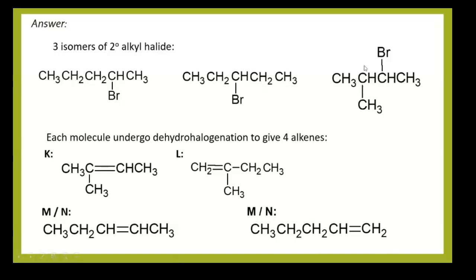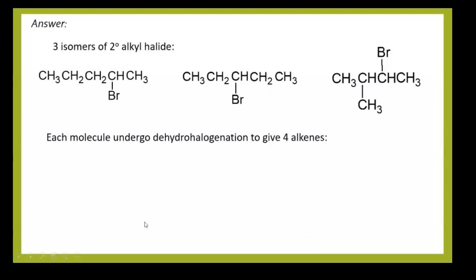So it has 2 possible products. So at first, you can only know these 4 products, but you cannot label which one is K, which one L, M, N, because we don't know yet. So at first you can only draw 3 isomers of alkyl halide and then 4 products when they undergo dehydrohalogenation.